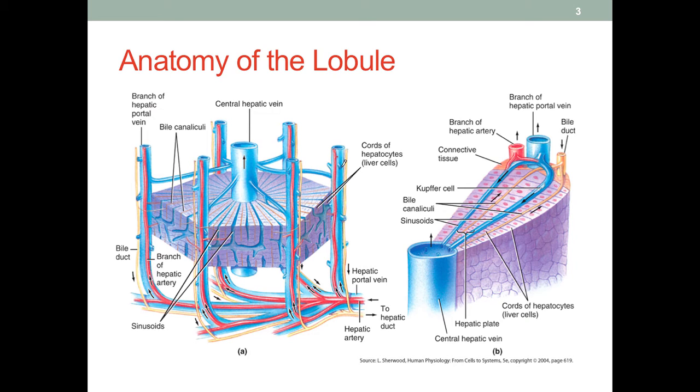So, each lobule has a central hepatic vein, which is the vein that ultimately takes the blood back to the heart. Then radiating out, between the hepatic cells, there are these spaces for the blood.